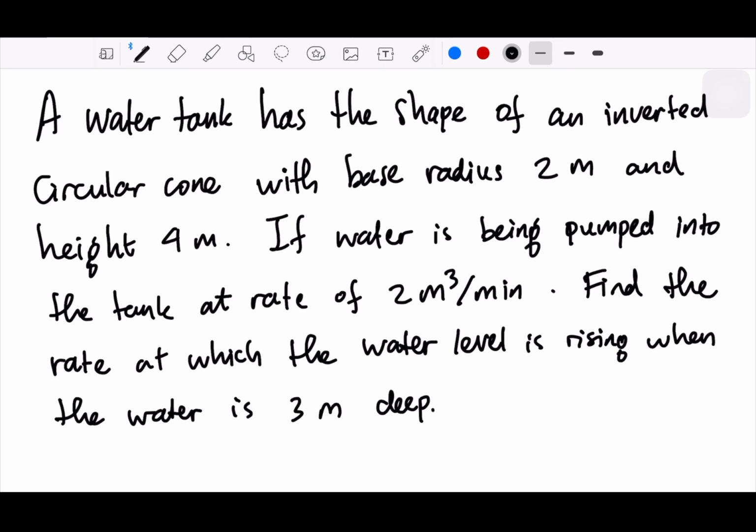The one that is changing is the water inside, because the water is pumped. When water is pumped, it has a certain rate. Let me just mark all the information, and then your goal: find the rate at which the water level is rising.